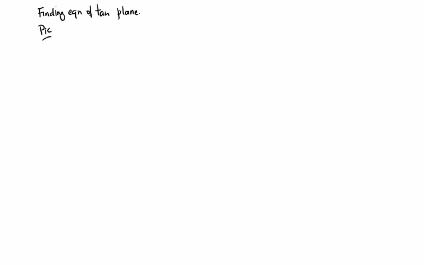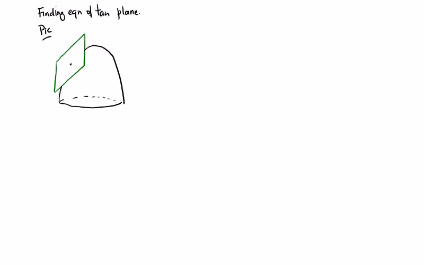So let me redraw the picture a bit. What I'll do is I'll draw the plane. I'll try and draw this really pretty so we can understand what's going on. That's the plane we're looking for. The surface that underlies it is like this paraboloid kind of thing, whatever it happens to be.